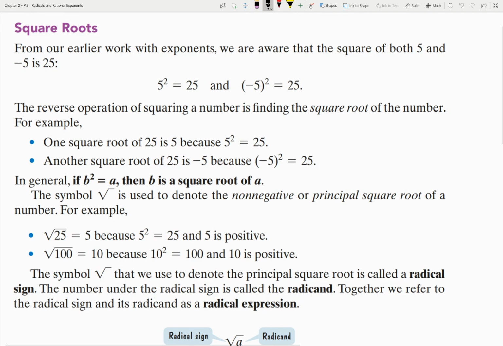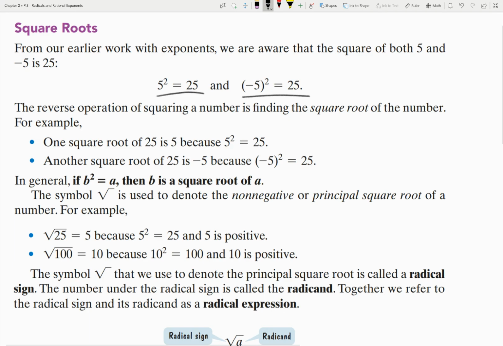So we start this section with talking about square roots. Previously, from our work with exponents, we know that the square of 5 and negative 5 is 25. So 5 squared is 25, as well as negative 5 squared, because it's in parentheses.